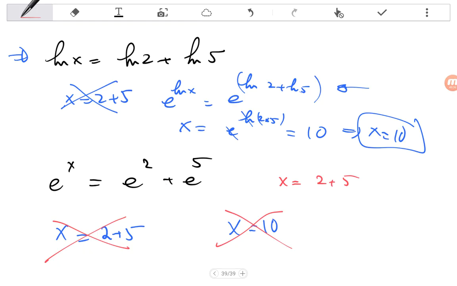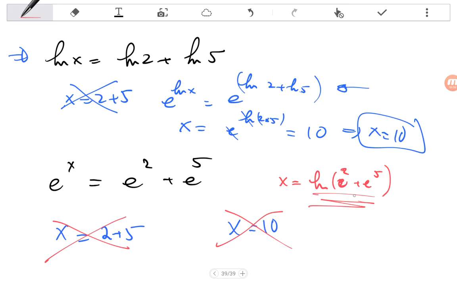Actually, that is not the case. When you are taking ln of that side, what is ln of that side? It would just be written as ln of (e power 2 plus e power 5). Could this expression be simplified when I have an ln with added terms? I can't.